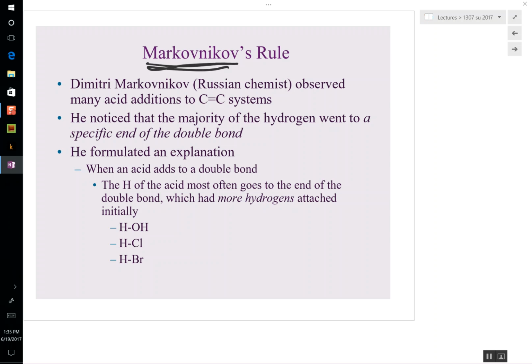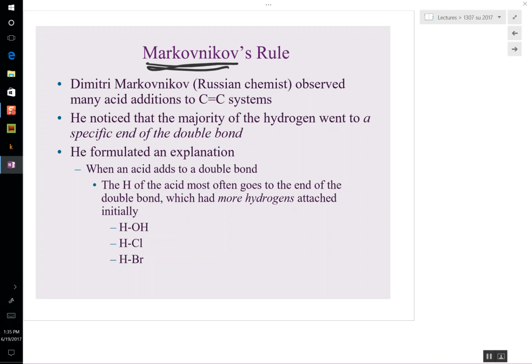You can see here that for water, consider water this molecule. For water and for the hydrohalogens, the 2 halves of the molecule are not the same. So they're unsymmetrical reactants. A hydrogen is going to go on one thing, and the other part of this is going to go on the other carbon.